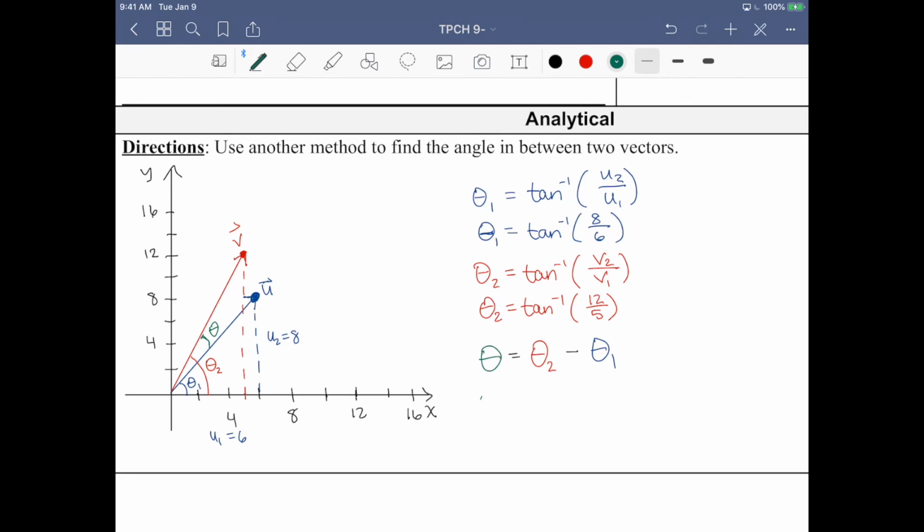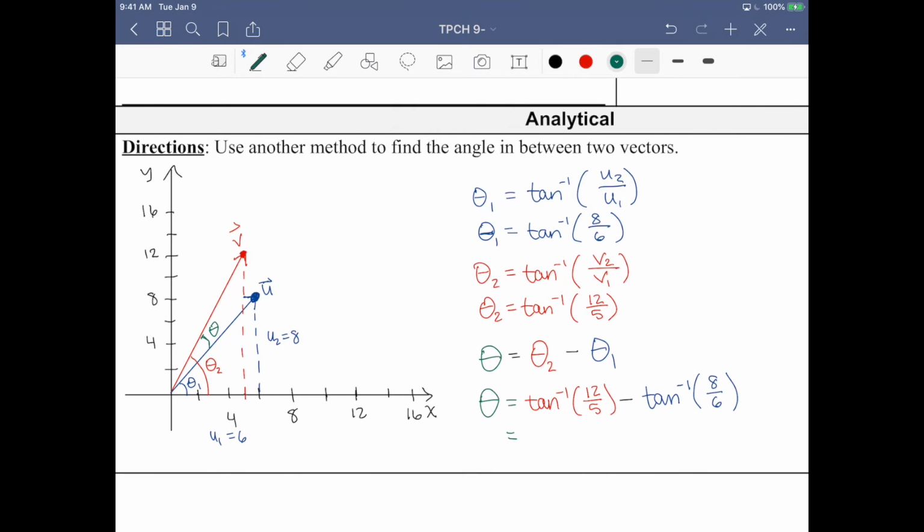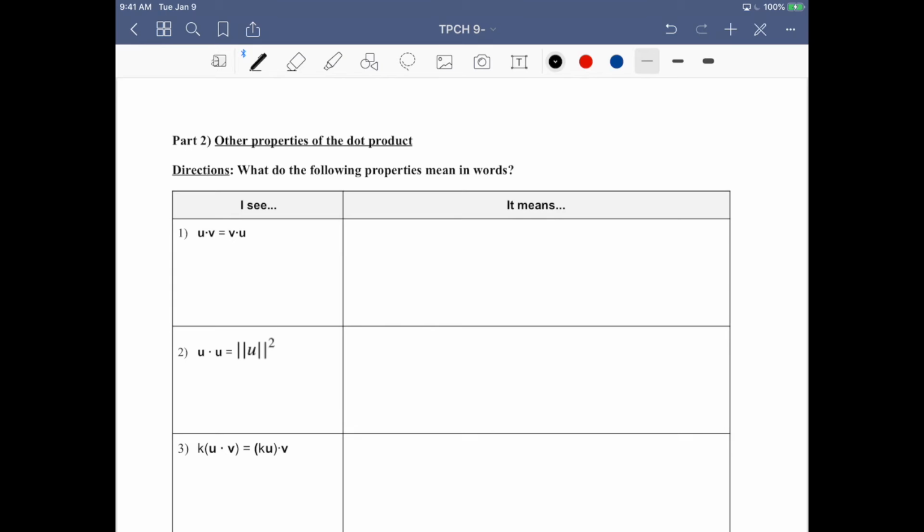So I could just go theta equals the inverse tangent of 12 divided by 5 minus the inverse tangent of 8 divided by 6, and I will in fact get the same answer of 14.250 degrees.